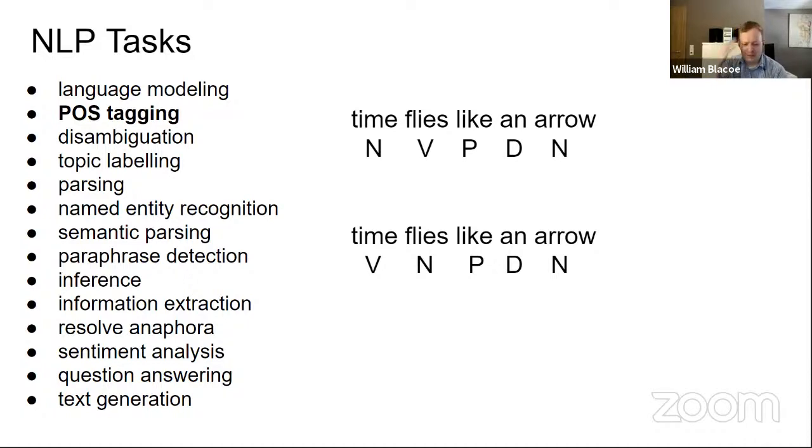It doesn't have that knowledge, but we do. So we can tell right away that the first sequence of part of speech tags is the more natural one, but a computer first has to learn from lots of data which is more likely.